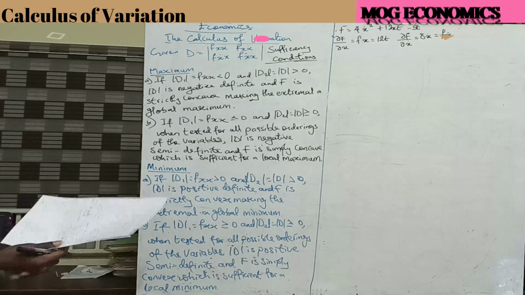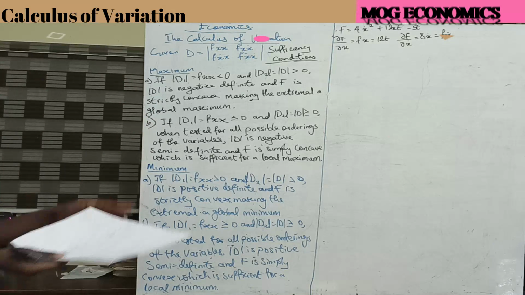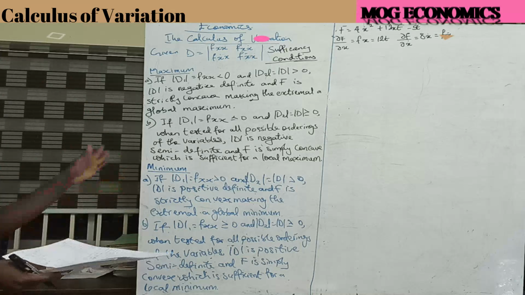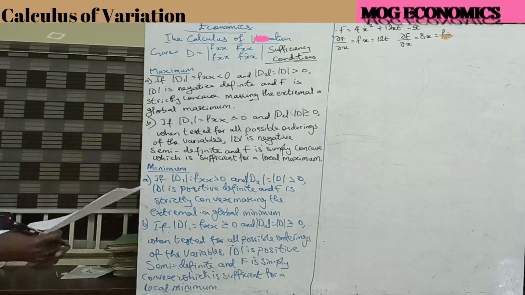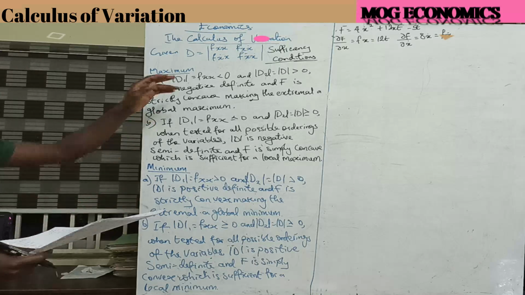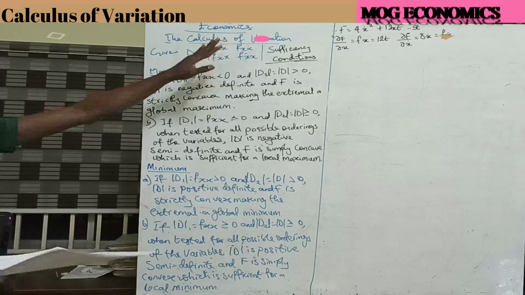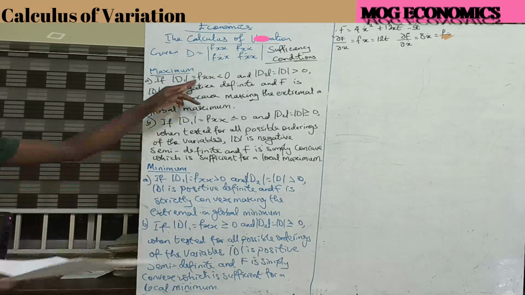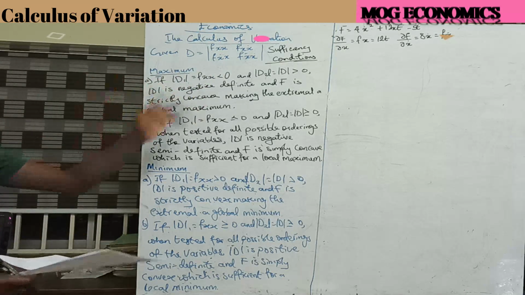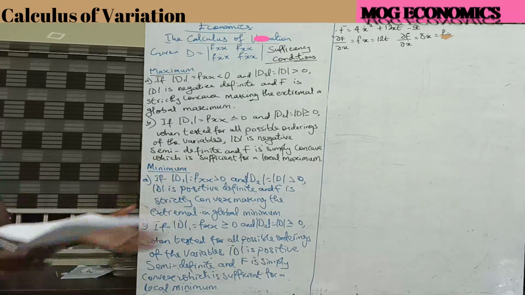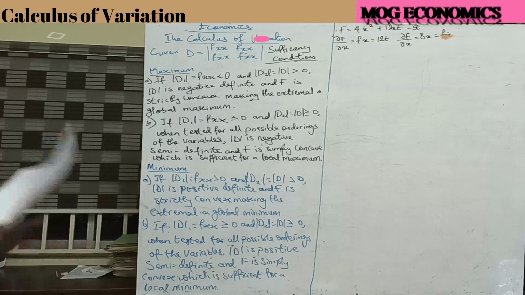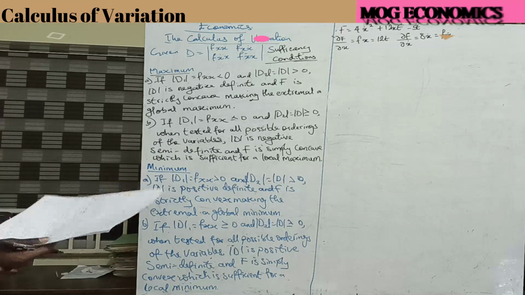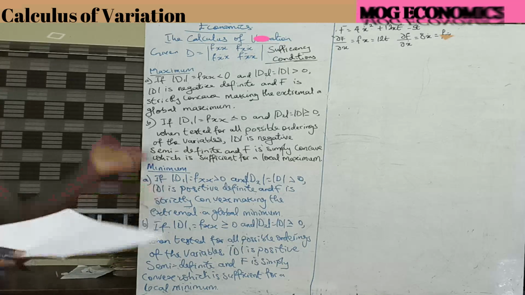So now, what are the conditions for a maximum? I've divided them into two. For a maximum, this is a 2 by 2 matrix, so your D1 is the first value here. If your D1, which is equal to fxx, is less than 0, because for concavity your second derivative must be negative, to show that your curve is concave.